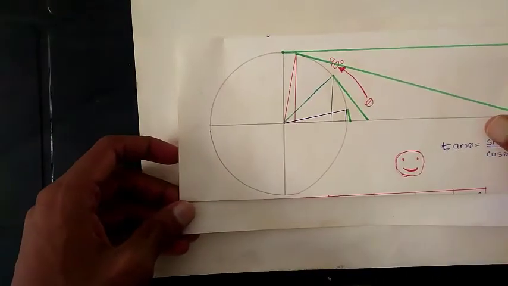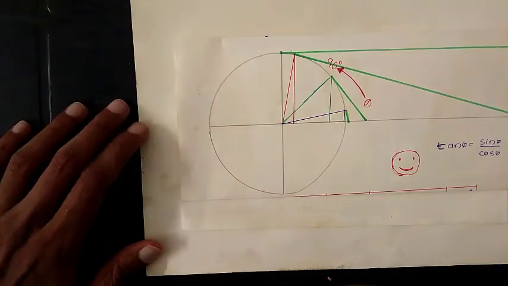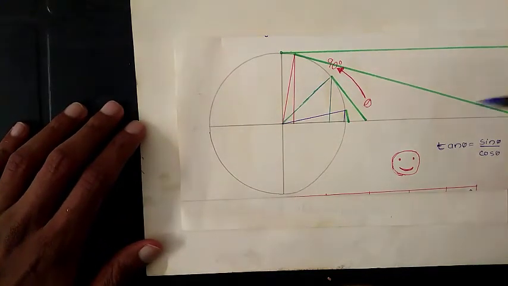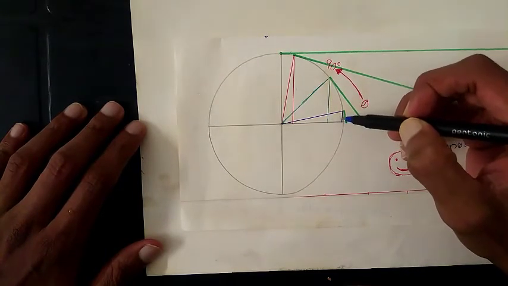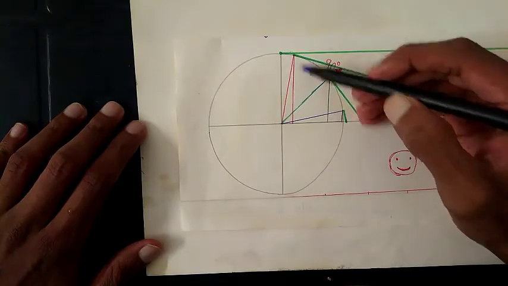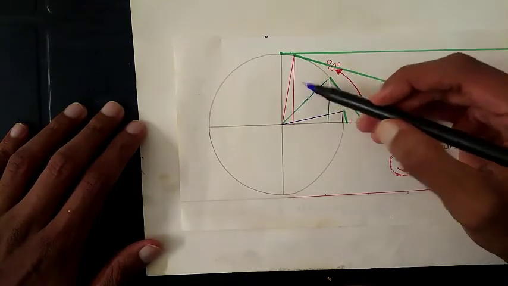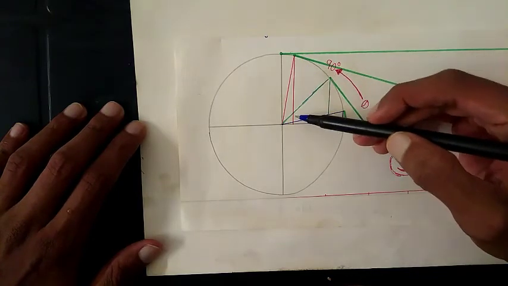So now let's see why tan 90 degrees is infinity, sine 90 degrees is 1, and cos 90 degrees is 0. Like I said in the last video, let's begin with sine theta. As theta approaches 90 degrees, you can see that the vertical height, which we call sine theta, is increasing.